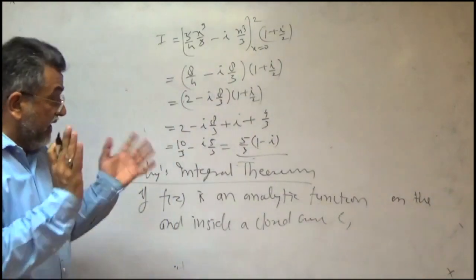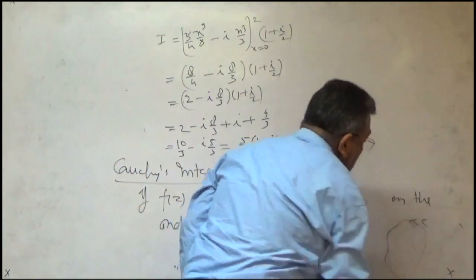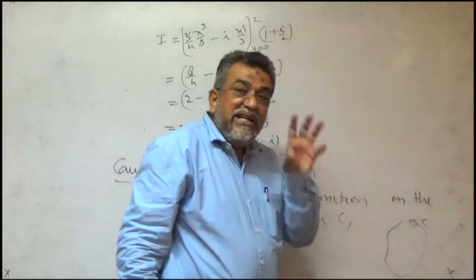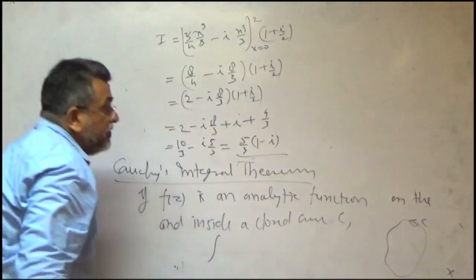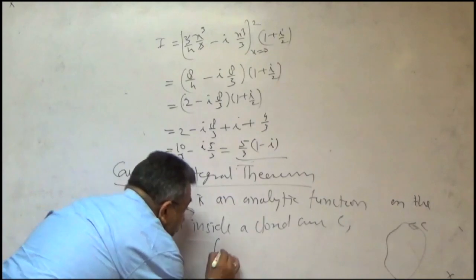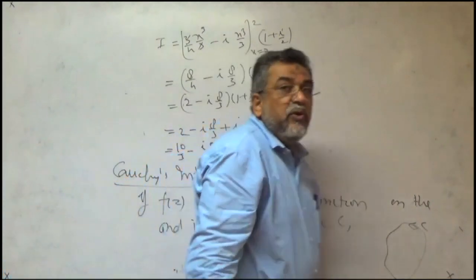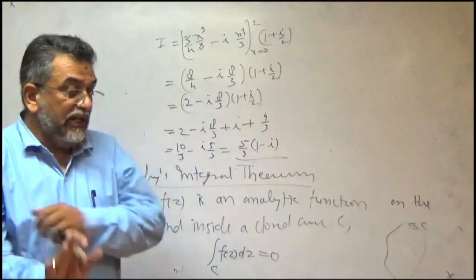A function is analytic if we are taking a closed curve C like that. A function is analytic on C, meaning on the boundary of C, and inside C, then Cauchy's integral theorem states that the integral over C of f(z) dz is equal to 0. This is the statement of Cauchy's integral theorem.